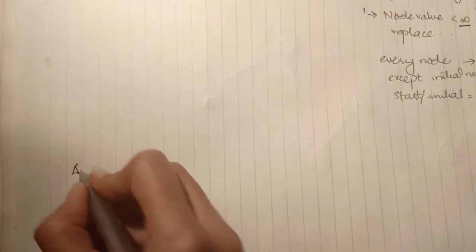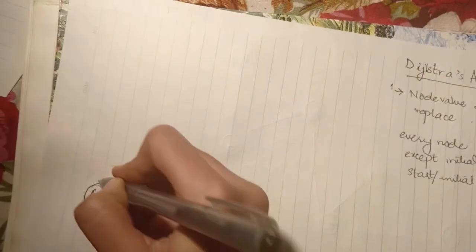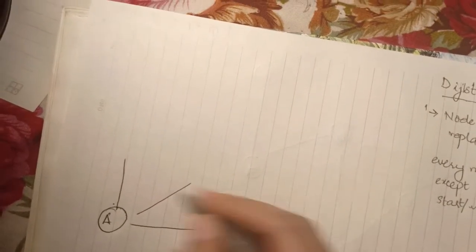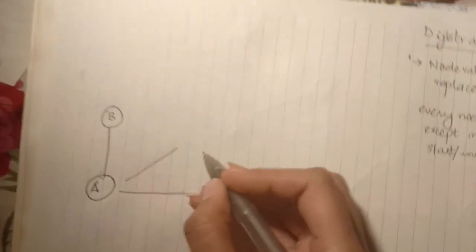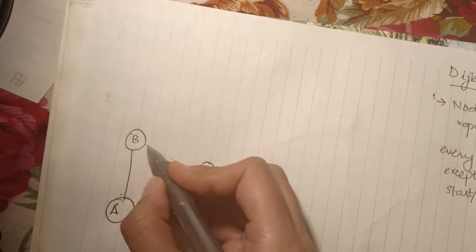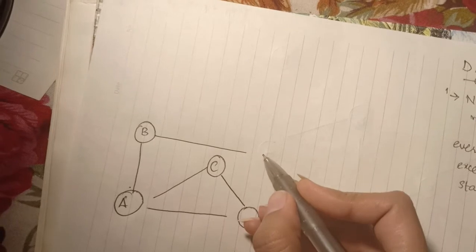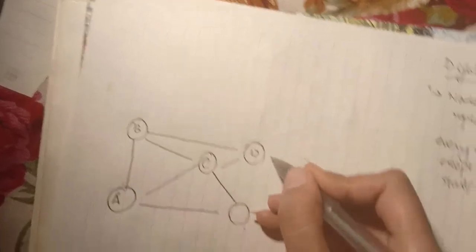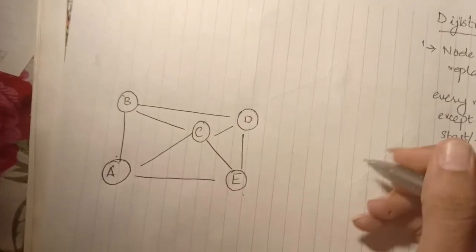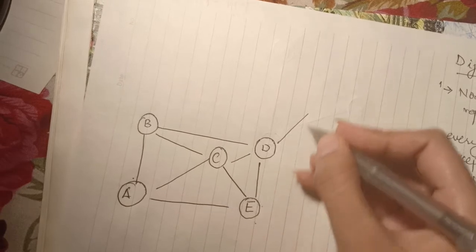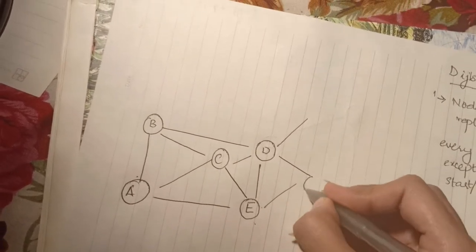If our starting point is A and A has three connected nodes, like A with B, A with C, connected with this, A, B, C, D, and here E. And I am just taking a random example.